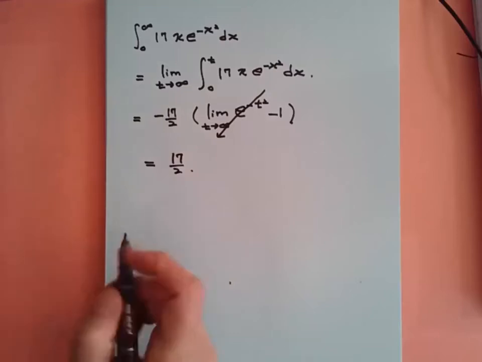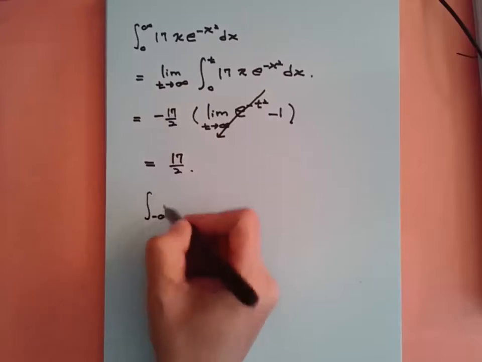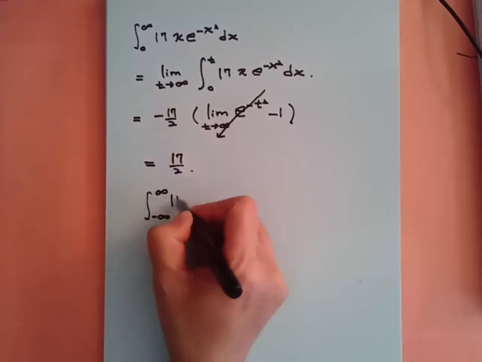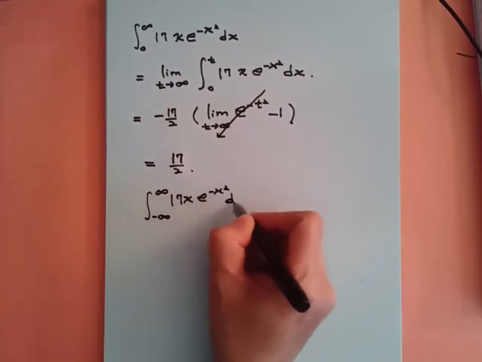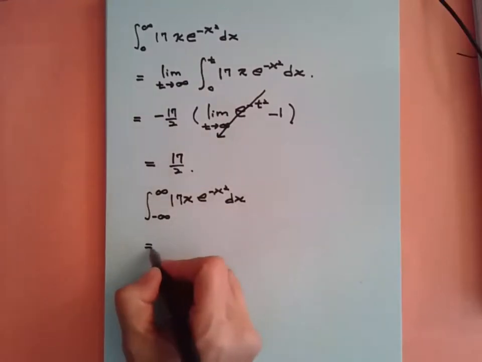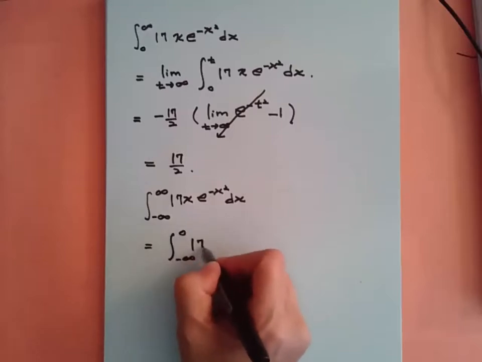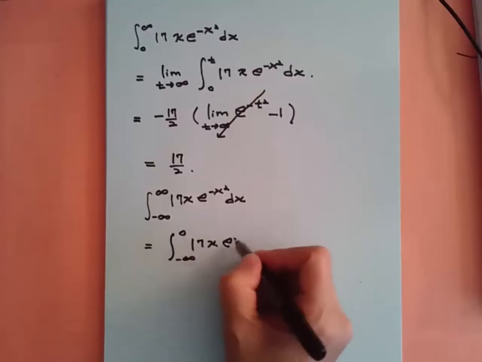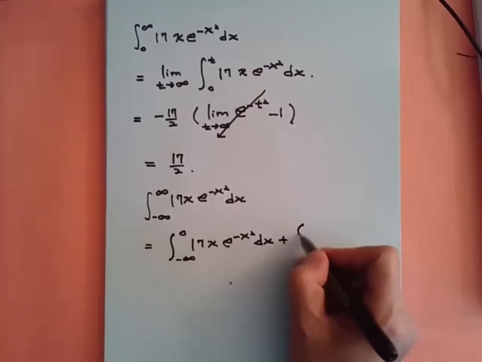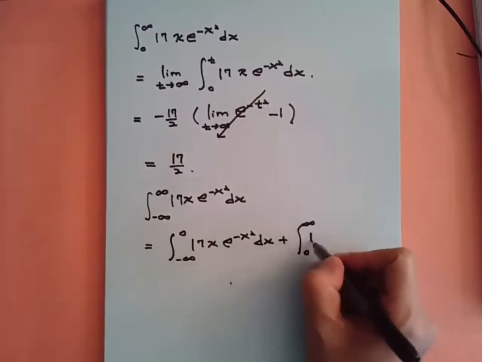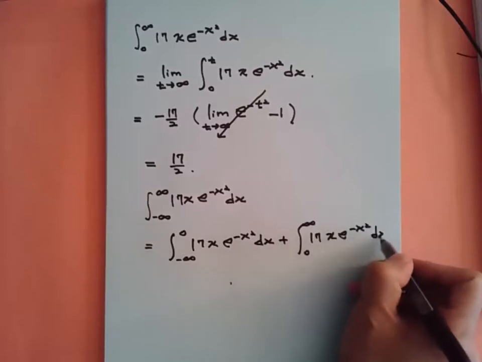And then what we want to do is think about combining those two. The integration from minus infinity to infinity of 17x e to the minus x squared dx equals the integration from minus infinity to 0 of 17x e to the minus x squared dx plus the integration from 0 to infinity of 17x e to the minus x squared dx.